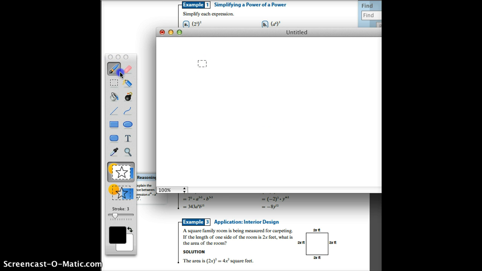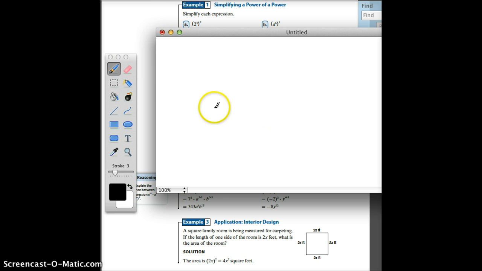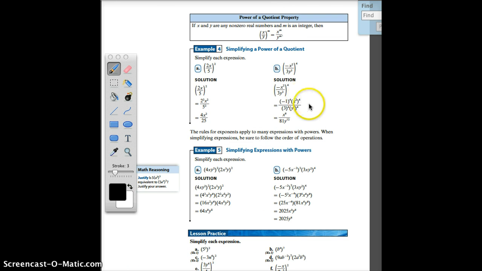One of the sides is 2x. So it's just like a rectangle, length times width, which is 2x times 2x, which is 4x squared. Okay. All right. That was example 3.